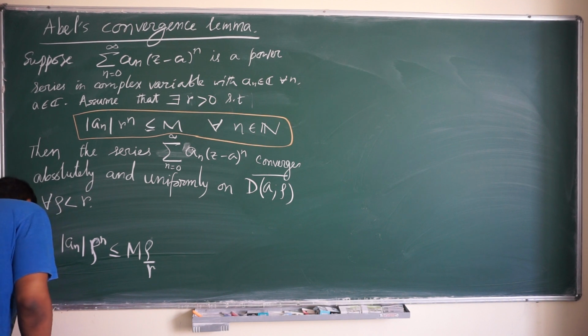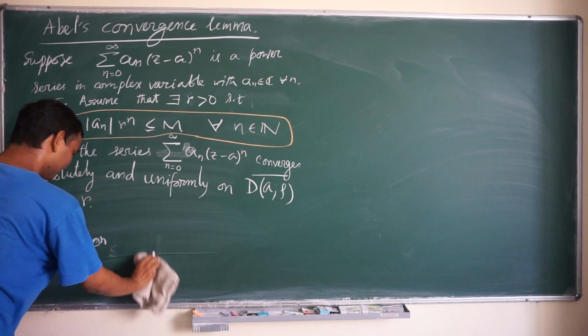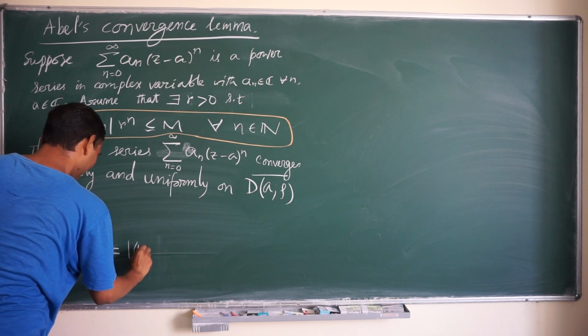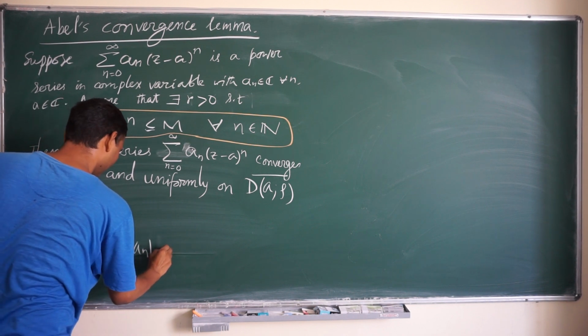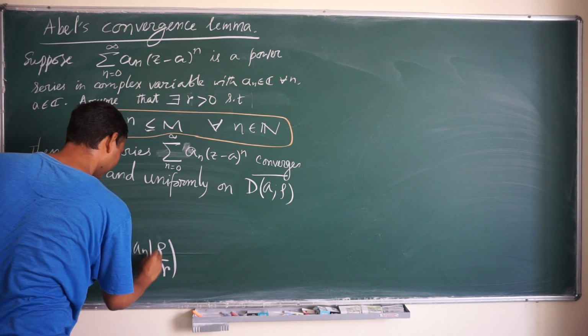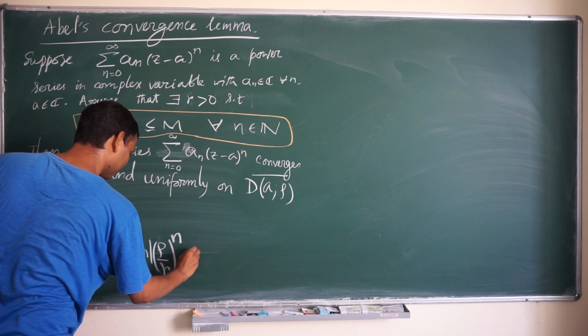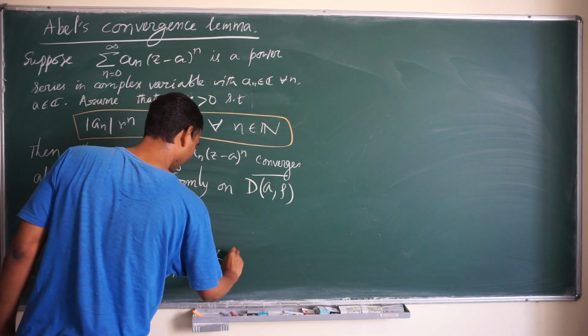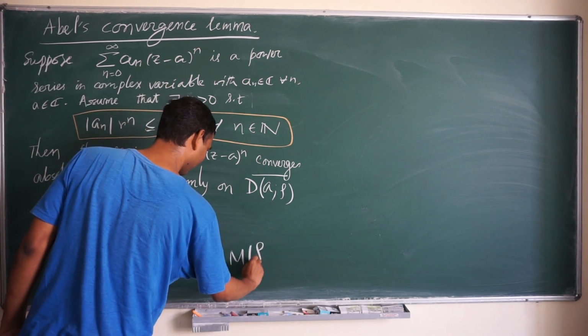Mod a_n (rho by r)^n times r^n, right? And this is equal to M times (rho by r)^n.